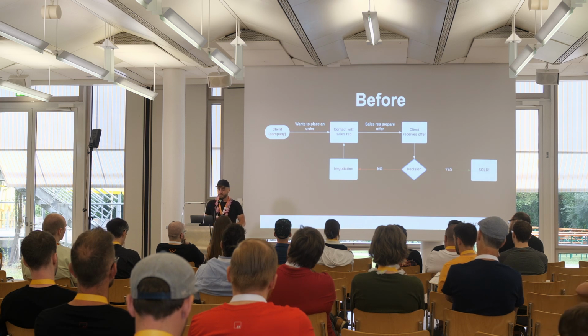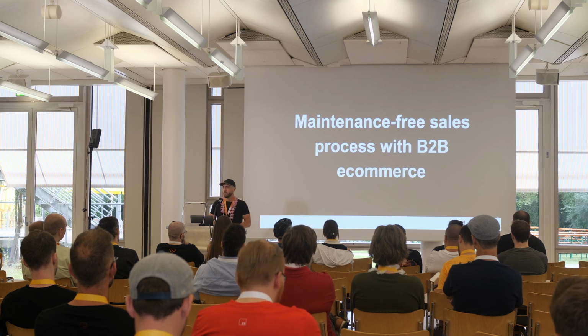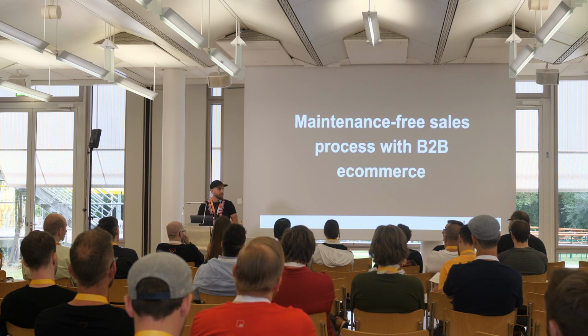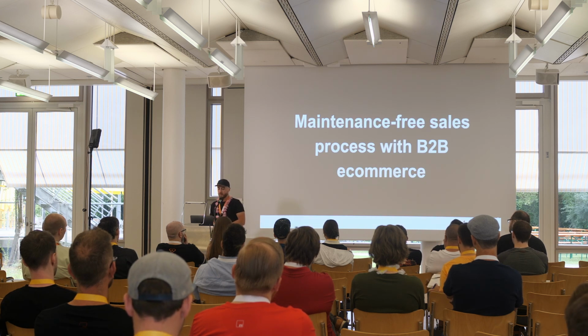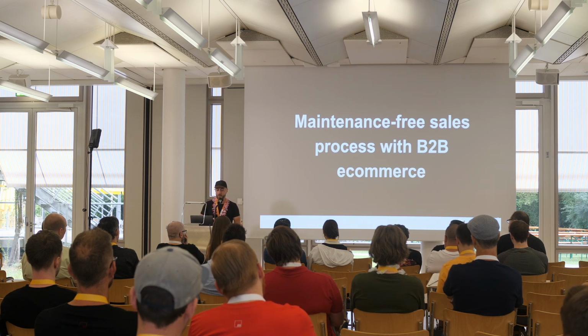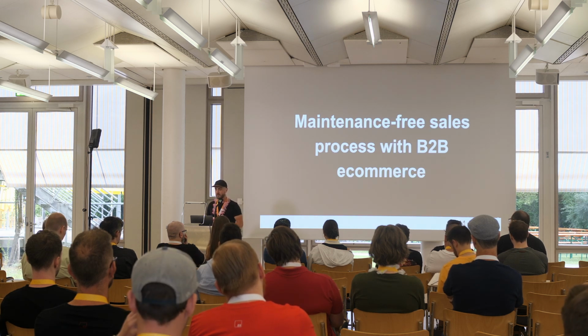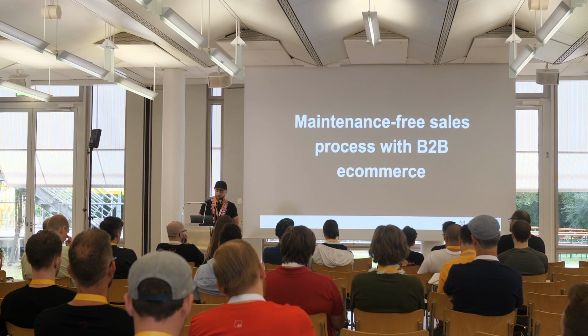So we needed to implement a system that allows you to order things without contact with the sales rep and to ease this process. And that's where B2B commerce, the Magento 2 system, comes into work and can ease this process and allow users to buy without contact with the sales reps.